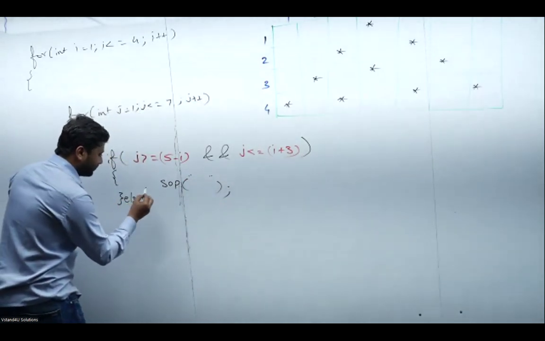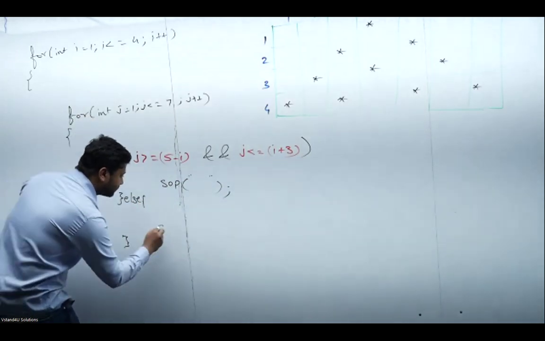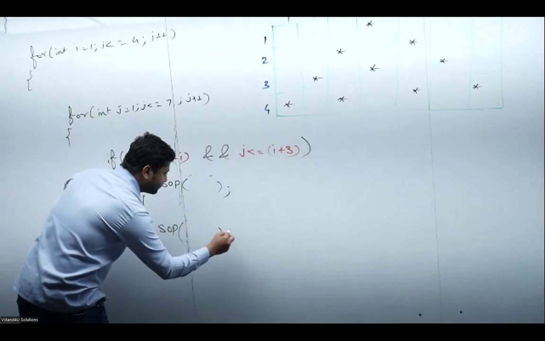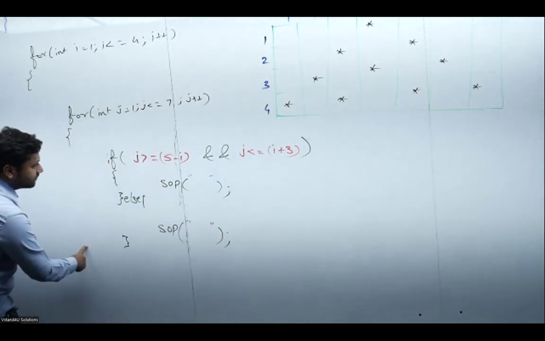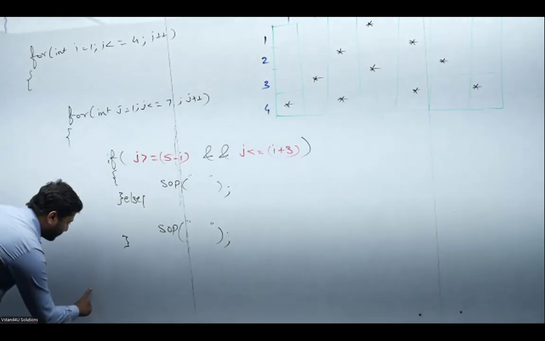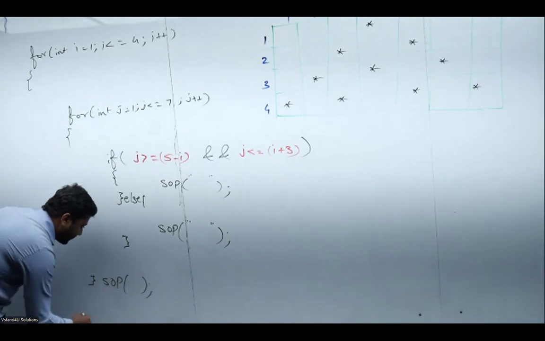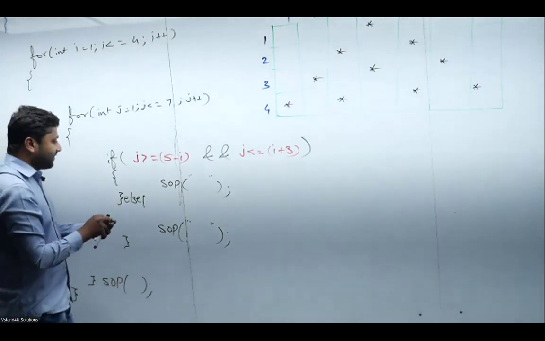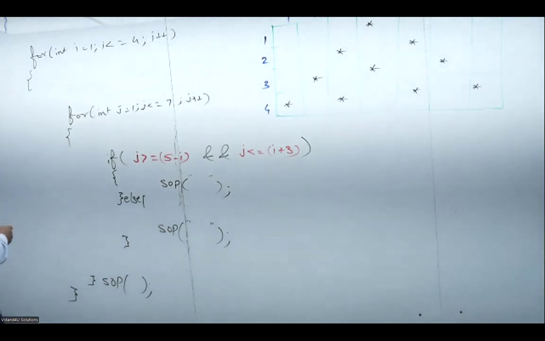Else, this for loop will end somewhere here, probably. I'll end it. And this is our print line. Agree, na? Okay, sir. Then we have checked some other conditions. What is that condition part? We have checked it, sir.